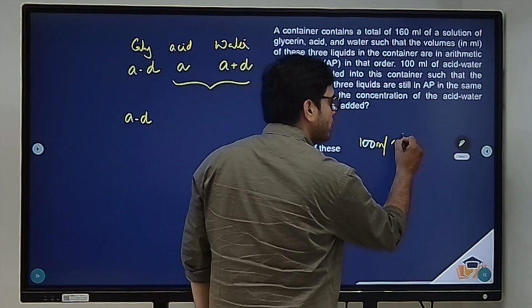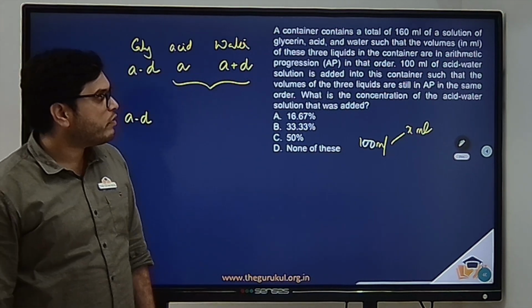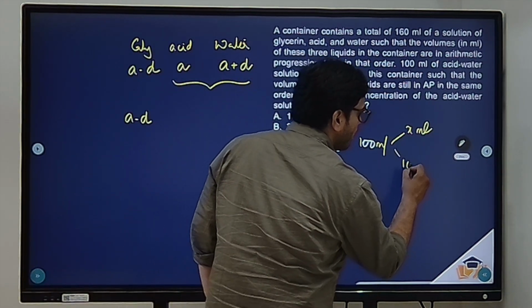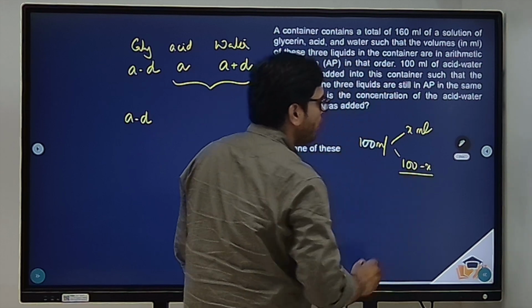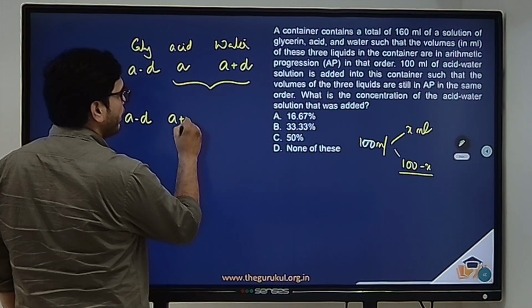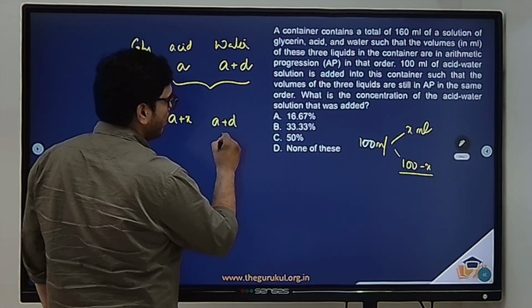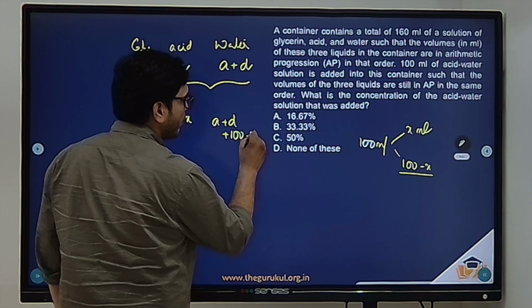Now let me consider, out of this 100 ml, x ml was acid and 100 minus x ml would be water, right? So this would be A plus x and this would be A plus D plus 100 minus x.